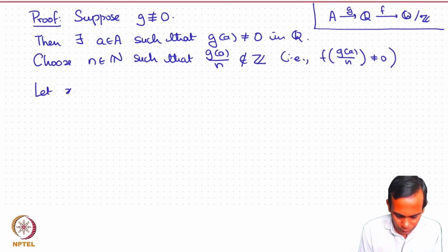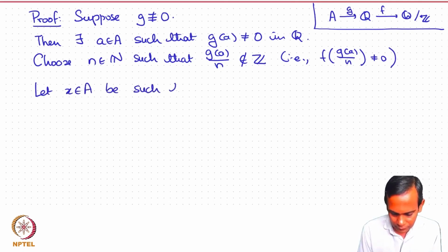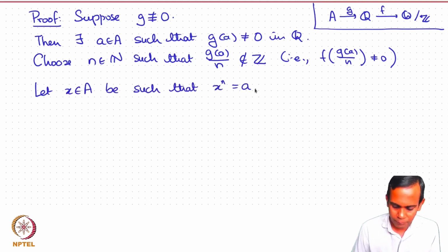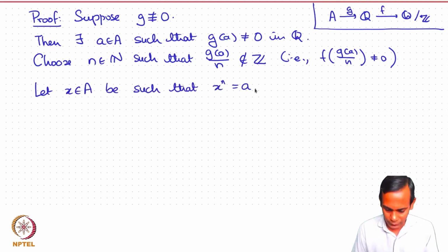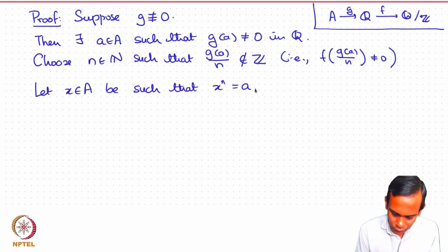Let x belong to A be such that x to the power n is equal to a. Because A is divisible, we can do this. And now let's look at g of x.